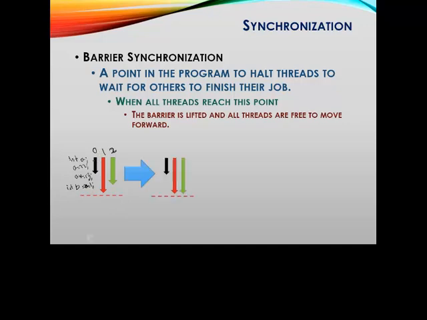By the time thread number one, the red, reaches the barrier, it's going to wait. Then thread green is going to reach the barrier, it's going to wait. Then thread black is going to reach the barrier, it's going to wait. And at that point, when everybody's reached the barrier, I release the barrier.